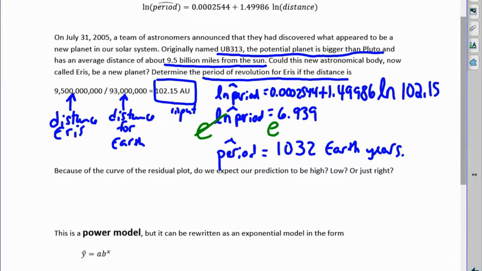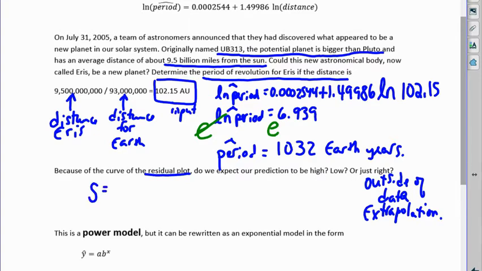Now this, of course, is outside of our data. This is going to be extrapolation. So we know that it is definitely going to be problematic, but we can look at the residual plot. We can look at what happens with the standard error of the residuals.